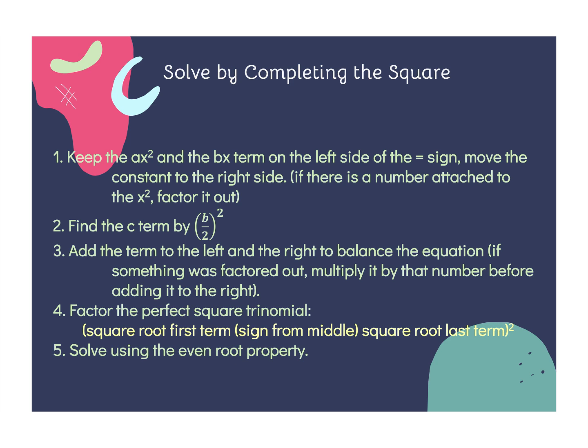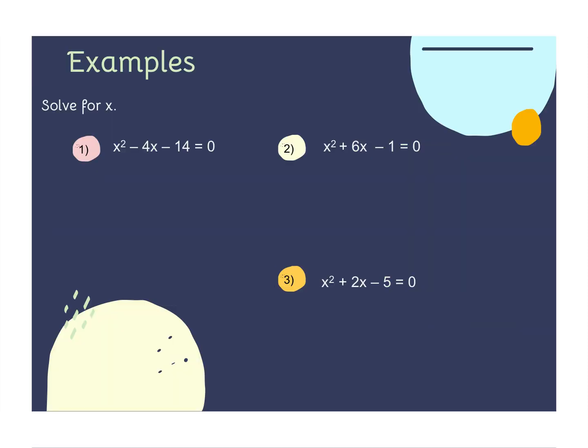So we're going to go through the steps as we go along, and it's essentially the same process every time. Again, the only maybe difficult part is getting the equation to look like something where you can take the square root of both sides. But we'll do that in some examples now.